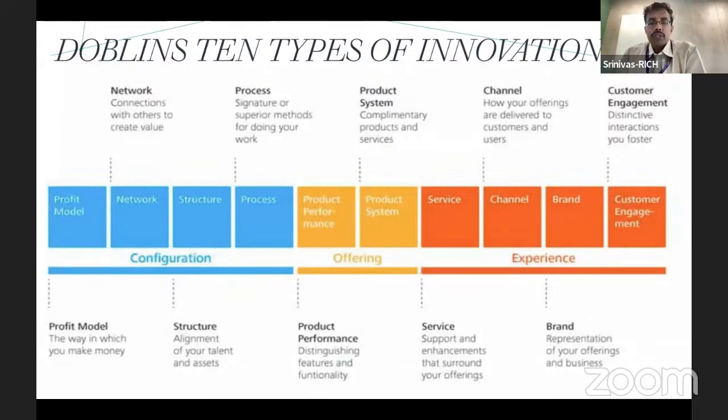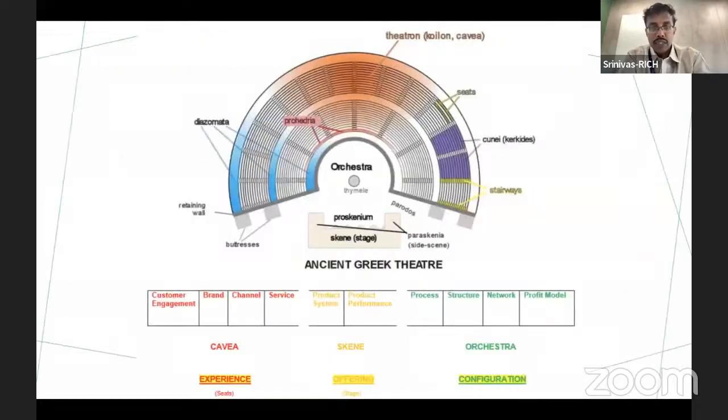So Doblin's 10 types of innovation framework. This is a structured way of looking at different aspects that are required for innovation. Right? I'll better explain it with an example here.